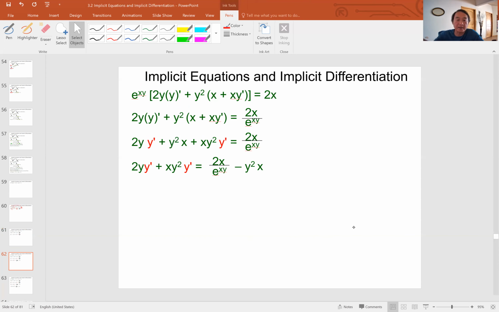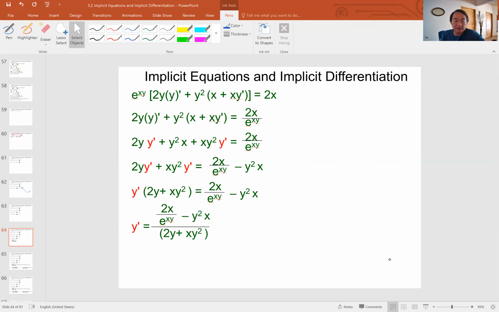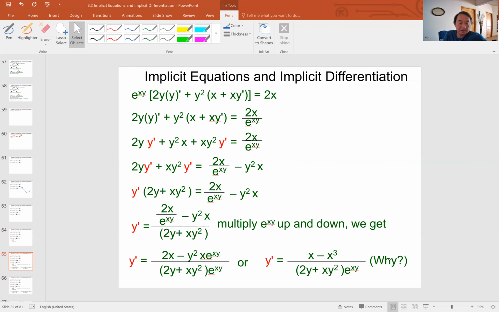On the right-hand side, no y prime. That's all the junk going to the other side. And then you extract the y prime, then you divide by the coefficient functions. Okay, and that's it.